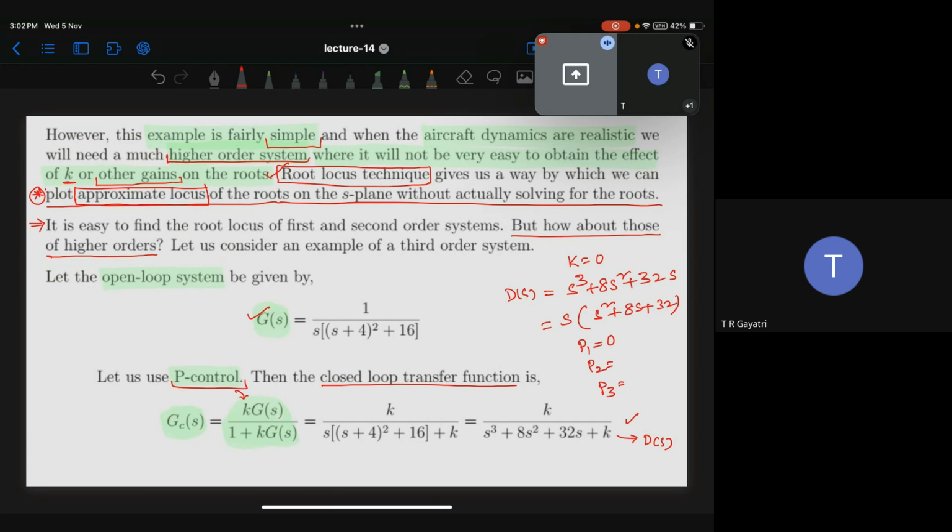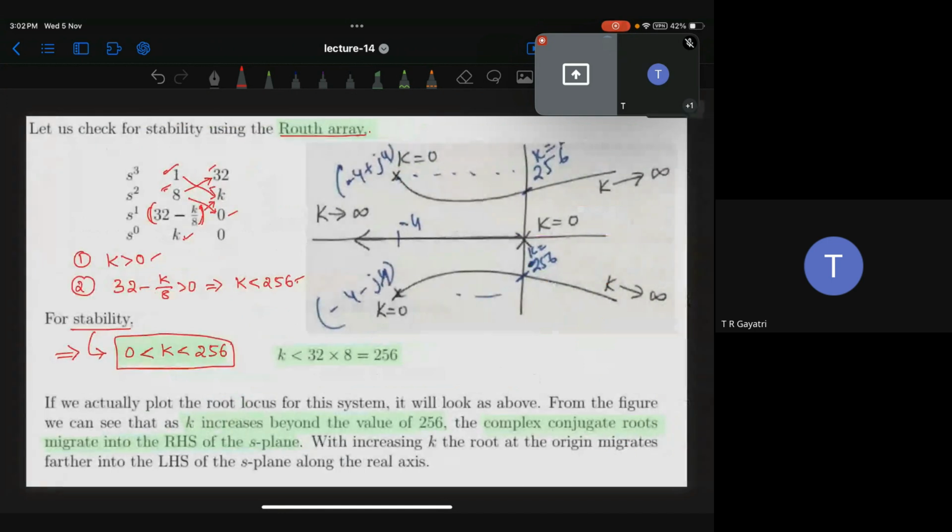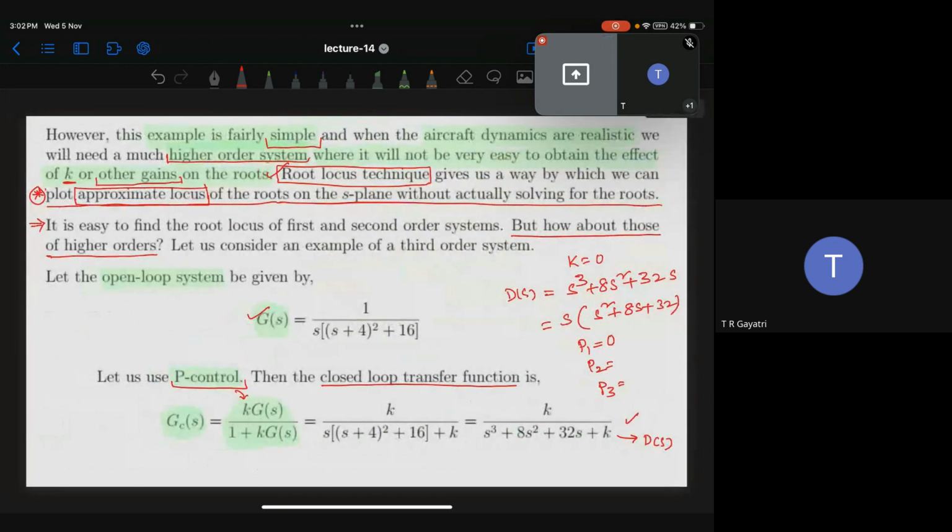What are the other roots? We will get minus b plus or minus root of b square minus 4ac, so you will get complex conjugates. Let us calculate them. Minus 8 plus or minus root of (64 minus 4 into 32 into 1), divided by 2 into 1.